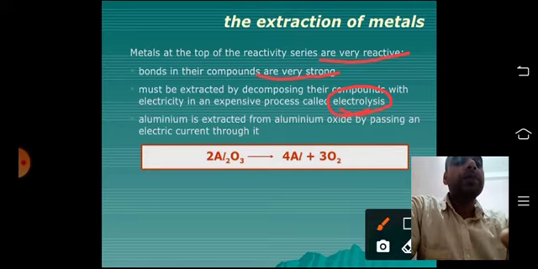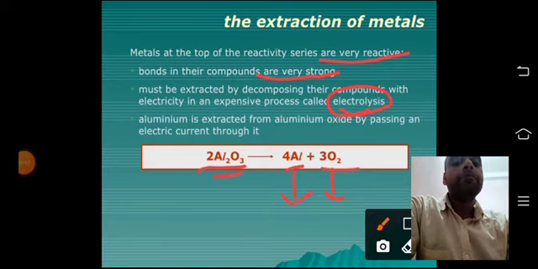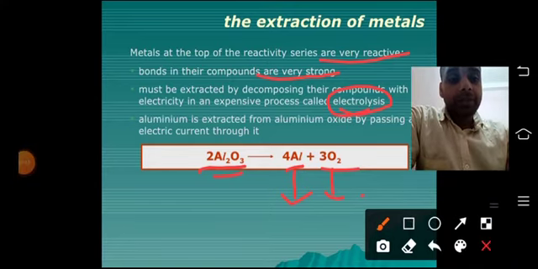Through that we can convert Al2O3 into Al and oxygen, and the aluminum and oxygen will go one by one to the cathode and to the anode. Okay, so we have seen that one.